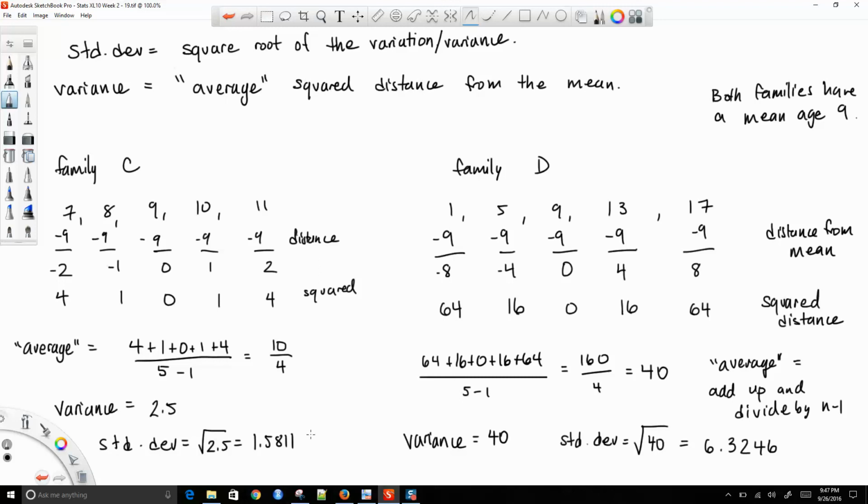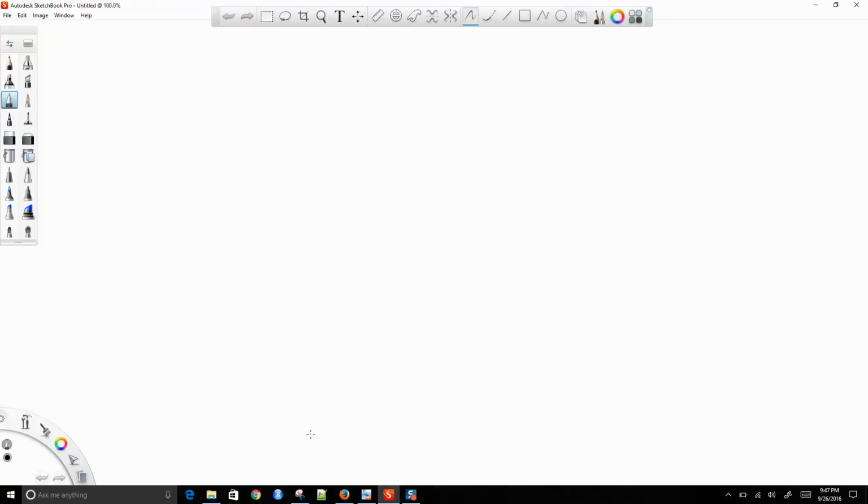We have to correct that using the degrees of freedom n minus 1. But I don't think you cared to know all of that, so. Anyway, just know that we do n minus 1. I can't simplify it any more than that 20-second explanation there.